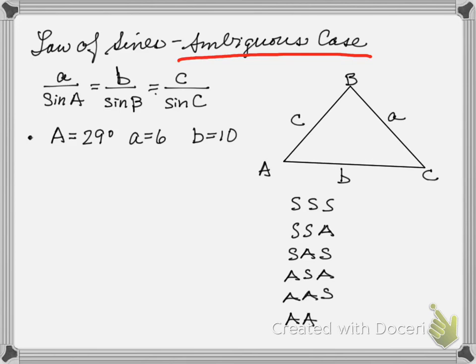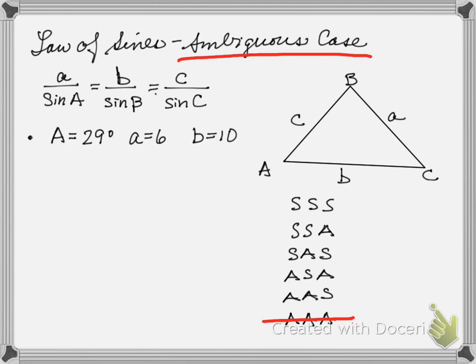If we're given three angles as our three pieces of information, that is a triangle that we cannot solve because it is not a unique triangle, meaning that there's more than one triangle. There are an infinite number of triangles that have the same three angle measures. Everything else would provide a unique triangle. There's only one triangle that could match the values that are given with the three pieces of information.